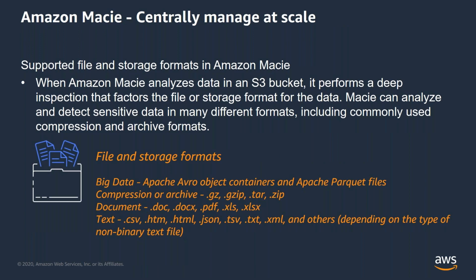When it comes to supported file formats, we have a wide array of file formats and storage formats that Macie supports. These are the file formats that Macie attempts to inspect.